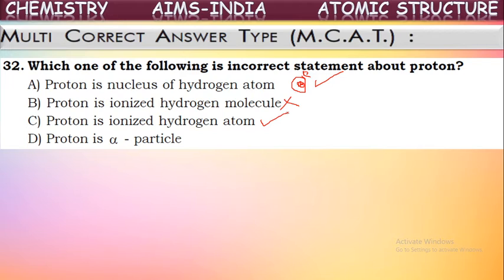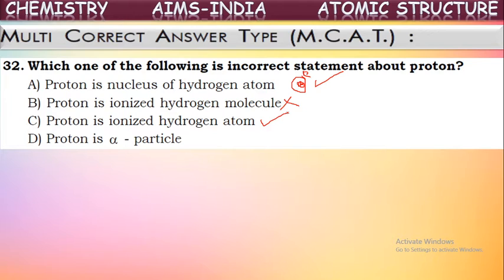So this also represents one proton because hydrogen has one electron, one proton. When hydrogen ionizes, it loses that electron so that the ionized hydrogen atom will be remained with single proton. So proton is ionized hydrogen atom or the nucleus of hydrogen atom.